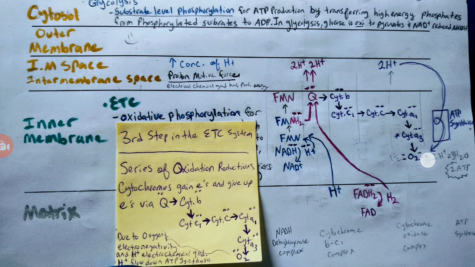There's the electrical gradient, electrical meaning opposites attract, so that positive wants to go with negative, because oxygen is negative. And then also the chemical gradient or concentration gradient, meaning since there's a high concentration here and there's a low concentration here, it's going to naturally want to go down.